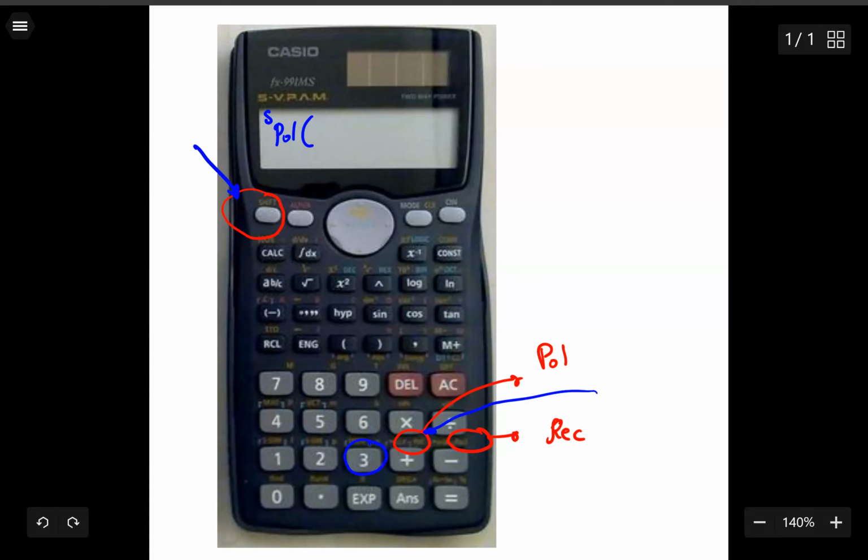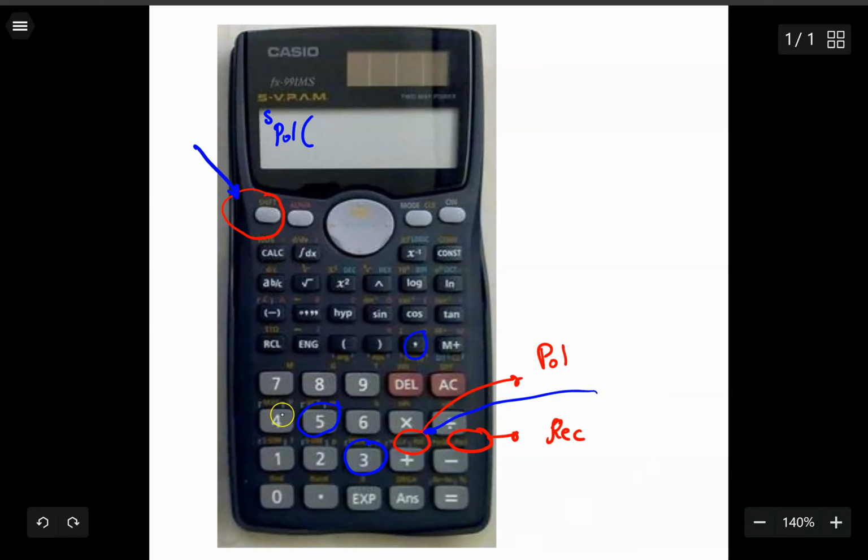Then you are pressing the key number 5. So I'm going to use my mouse to show everyone. So here, this is 5, and also this comma is right here. Okay, so this is the comma, and then I will put in 4.